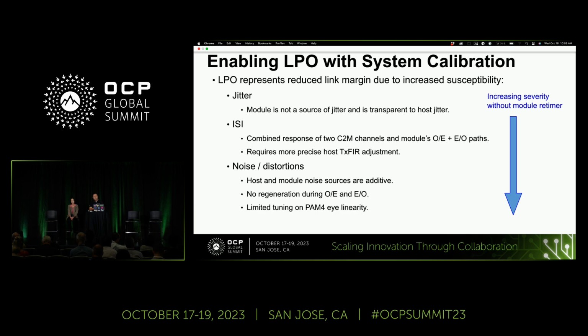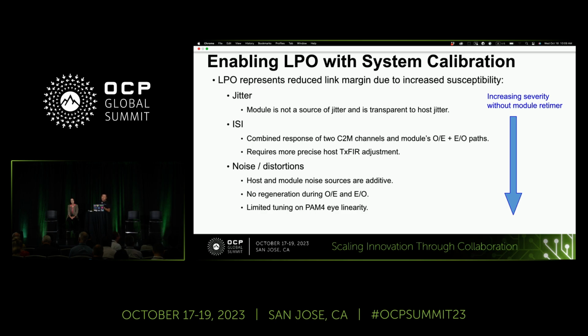Now, what's the problem? In terms of the impairments, at a high level, there are 3 kinds of impairments: jitter, ISI, and noise or distortions. So let's look at them one by one. For jitter, the module is not a source of jitter and should be transparent to host jitter.